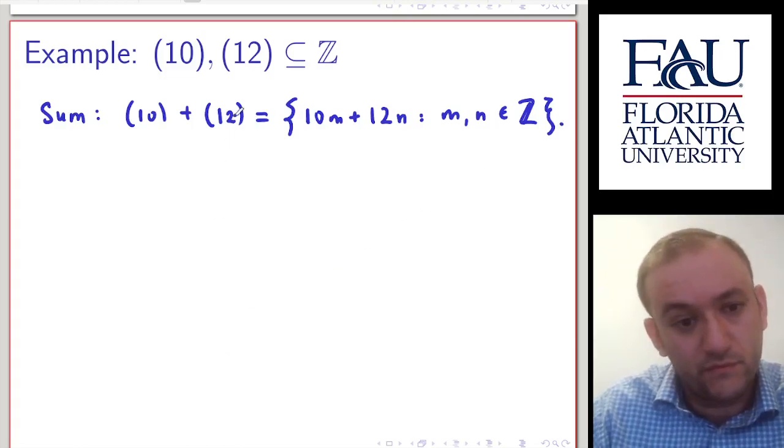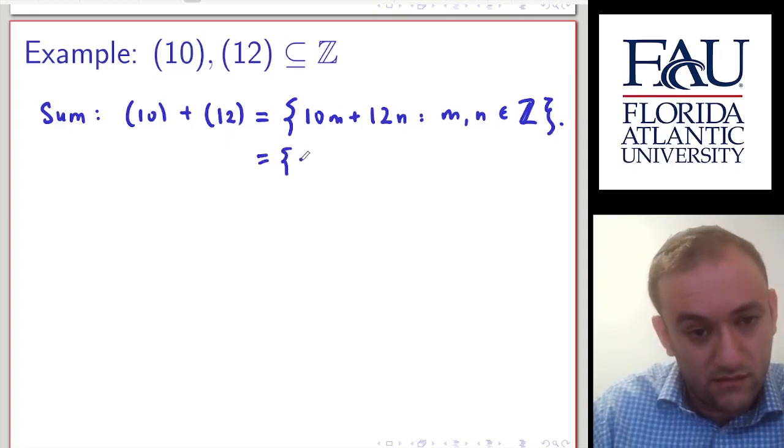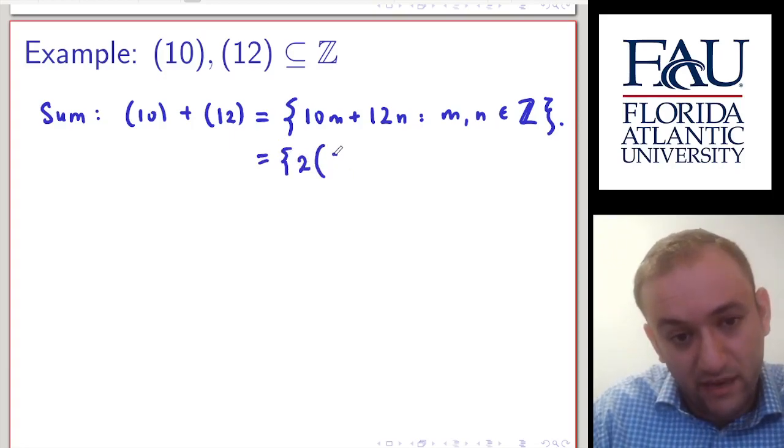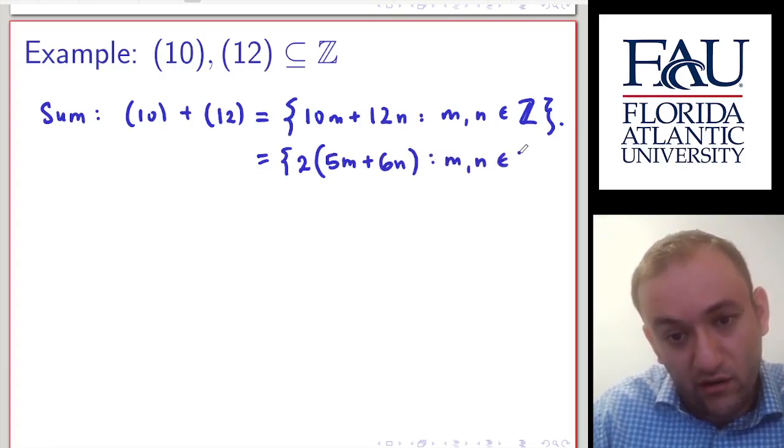Okay. Well, this is the same as 2 times (5m plus 6n), where m and n are integers, okay?